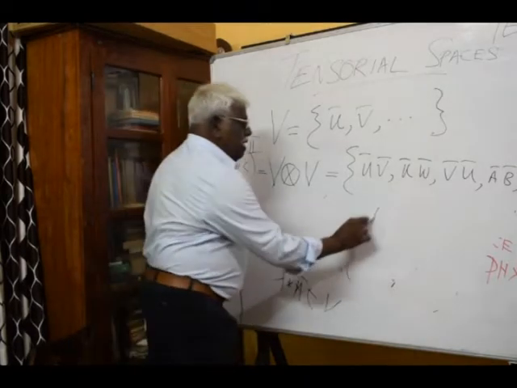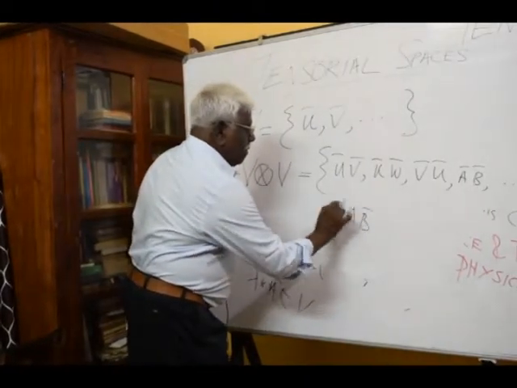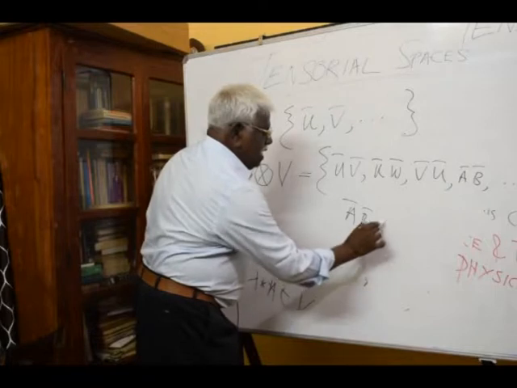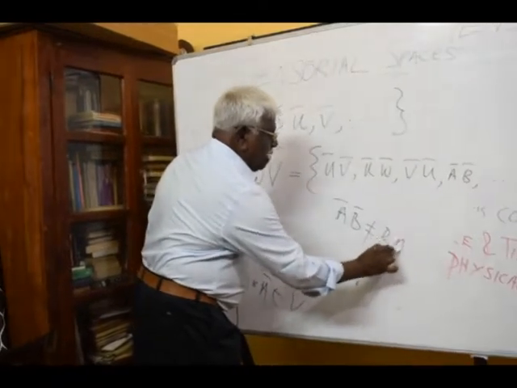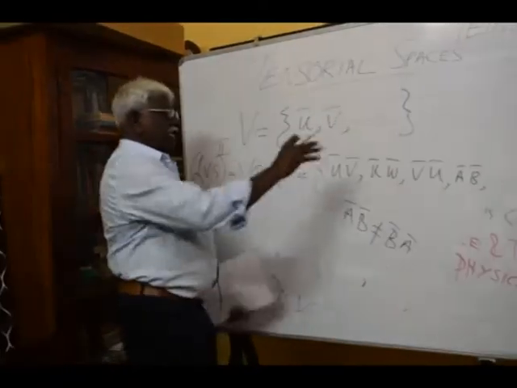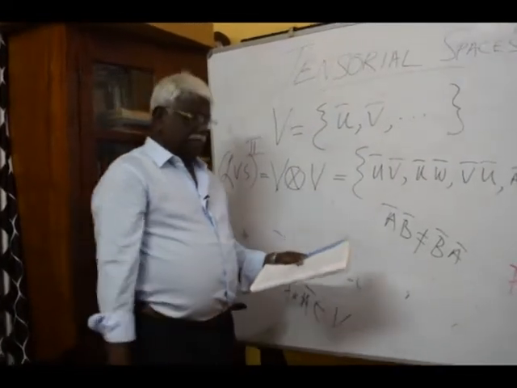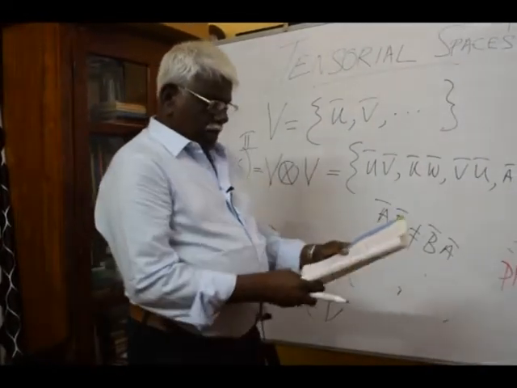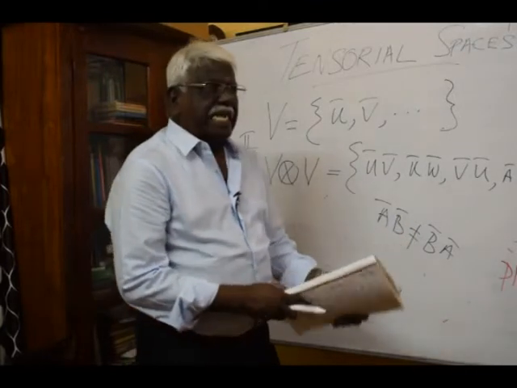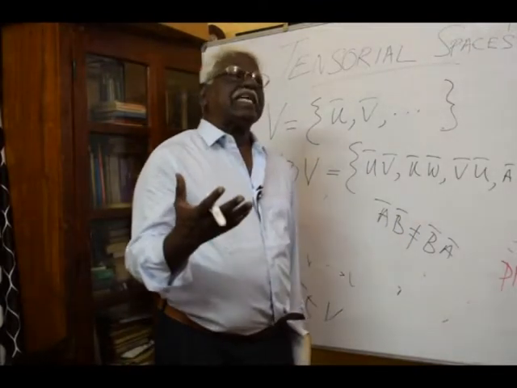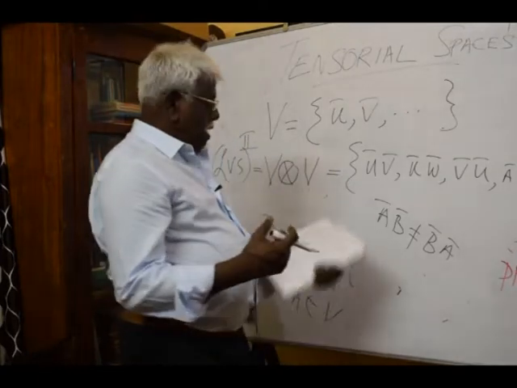Here AB is not equal to BA. Restriction is that AB need not be equal to BA. Construct such a space. The members of this space are treated as ordinary mathematical algebraic objects.